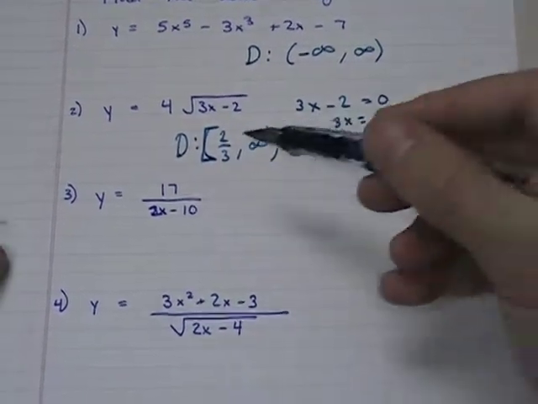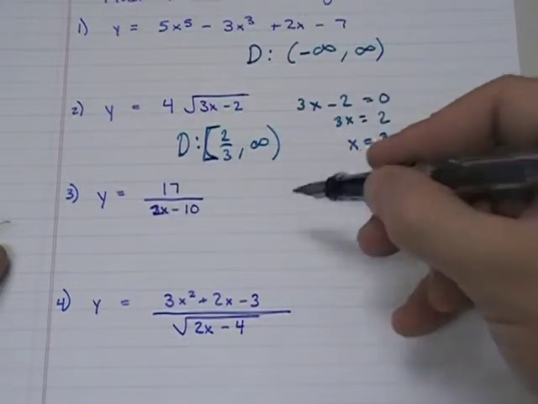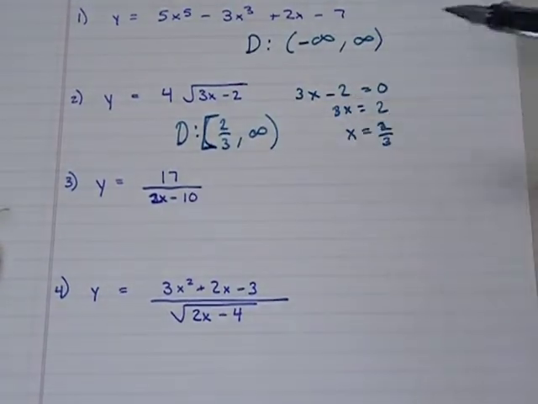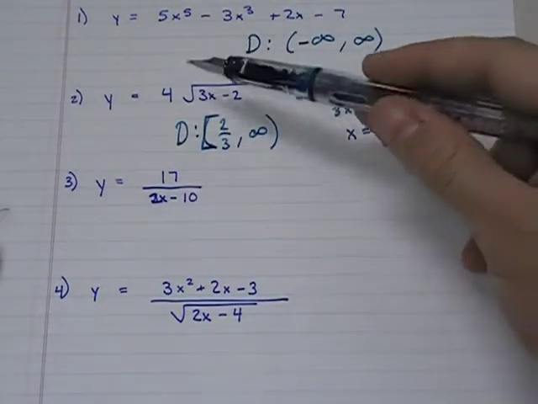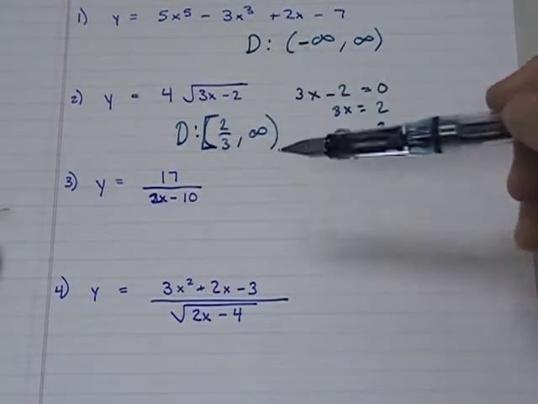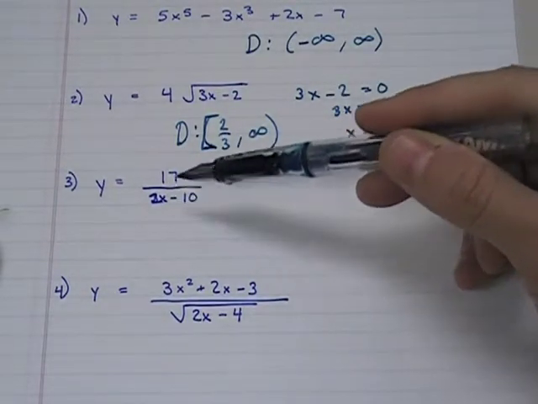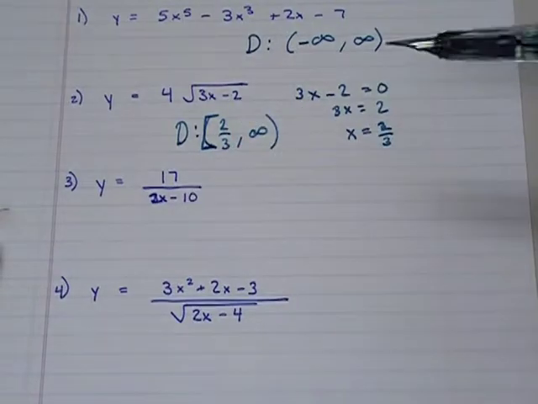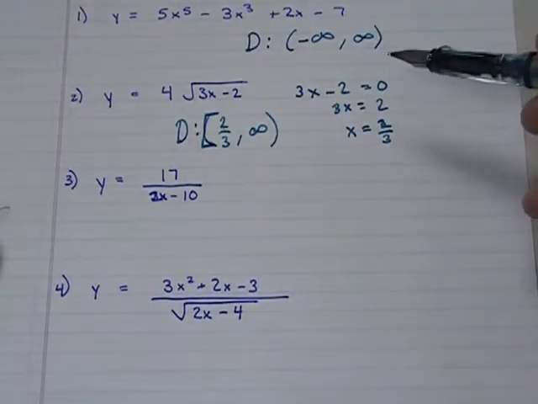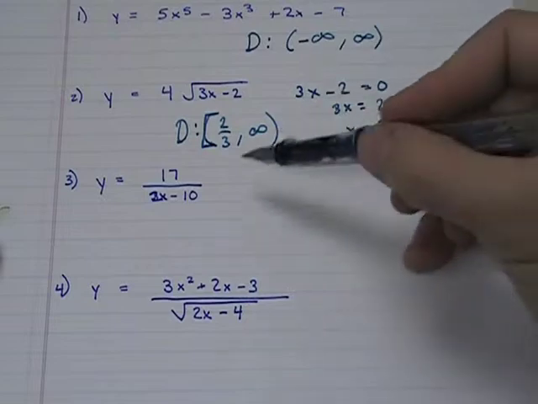Okay? Here we have 17 over 2x minus 10. Again, the only two domain restrictions you ever have are going to be a square root or an even root, second root, fourth root, sixth root, or a variable in the denominator. Here I have a variable in the denominator, because one of those math rules that you should know quite well is you cannot divide by 0.